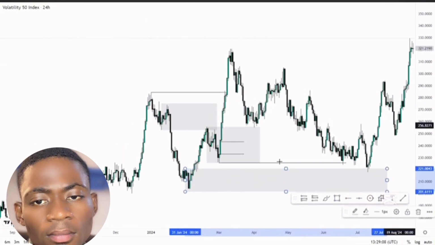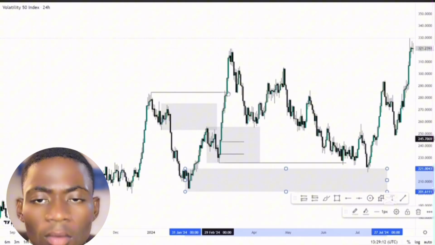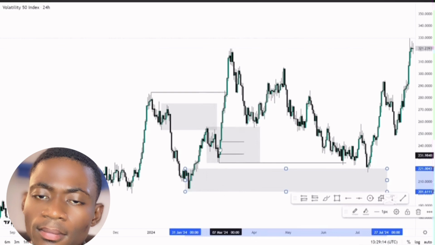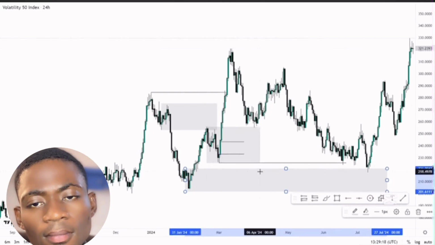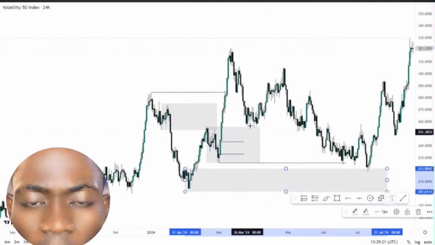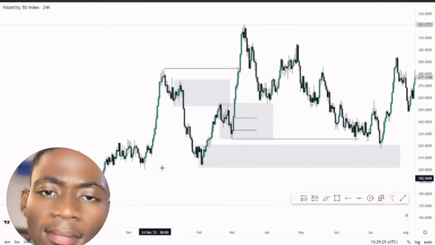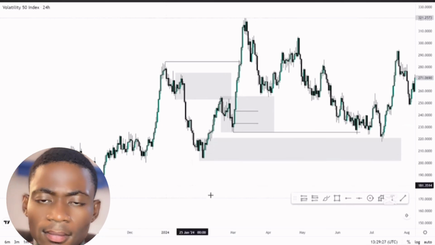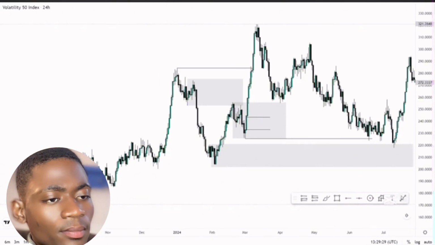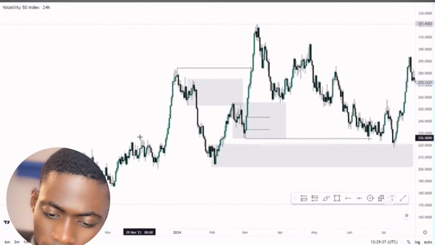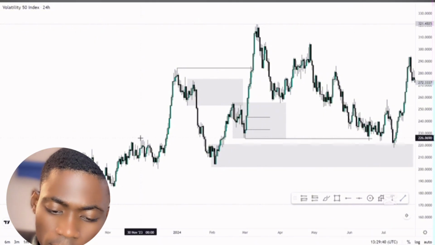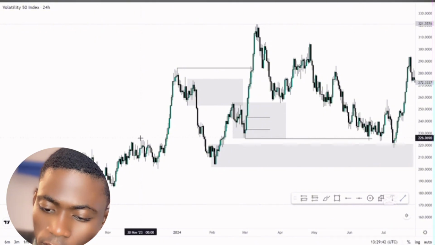And one of the things I noticed was this impulse that I am explaining to you guys. This particular impulse, the untested area of the market, and how market came back to them and still used them as reactions. Right now, if you also check this particular movement to the upside, we had a break of structure to the upside here.